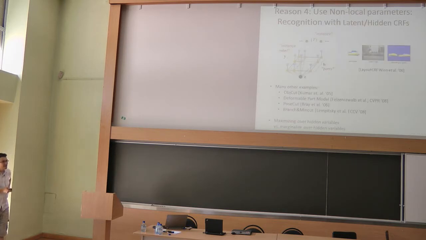There are many systems these days, which I don't want to go into in detail, which have such a structure, where there is the observed variable z, there is a grid of pixels, for instance, which are latent variables, which could be called parts. For instance, this is from the layout CRF from Winn and Shotton, where they have split a car into different parts, and they learned a random forest to say what each part might look like as a unary.